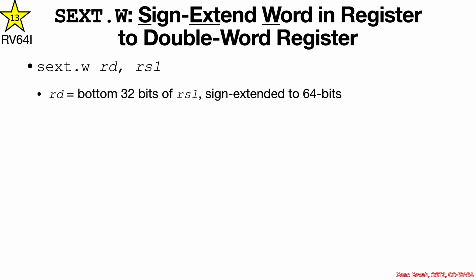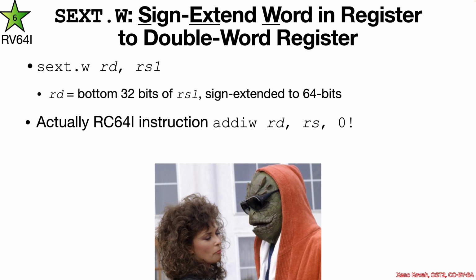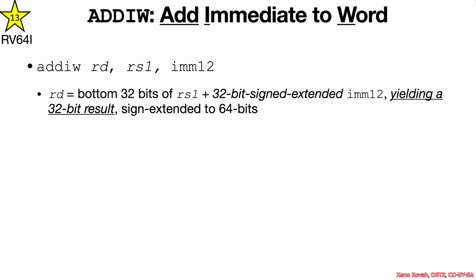Well, anyways, the sexting is not sexting. It's a pseudo instruction, which is actually add-IW and this 0 for the immediate. So what is add-IW? Add-IW is add immediate to word. It's another one of these RV64I instructions where the W suffix is specifically telling us we want to deal in word-sized registers.